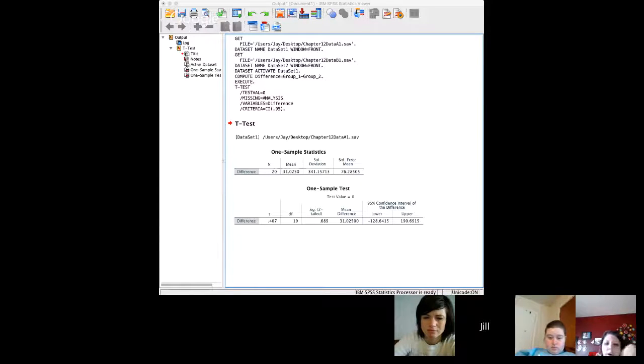We have to compare our p-value to the alpha, right? What's the alpha? The 0.10 level of significance. Oh, the level of significance. So our p-value is larger. So we fail to reject, right? Yeah.